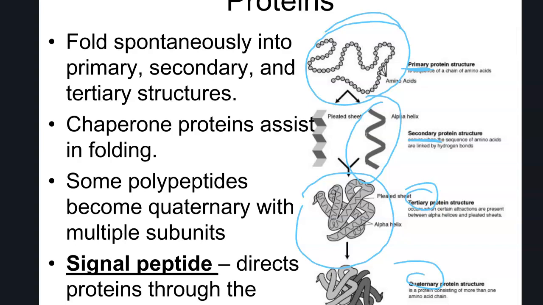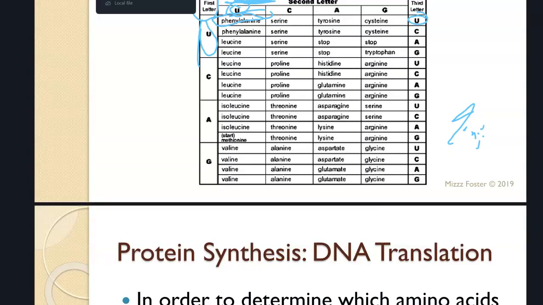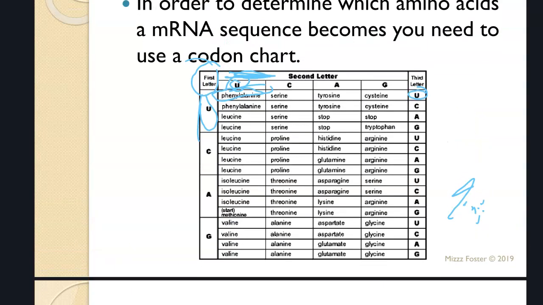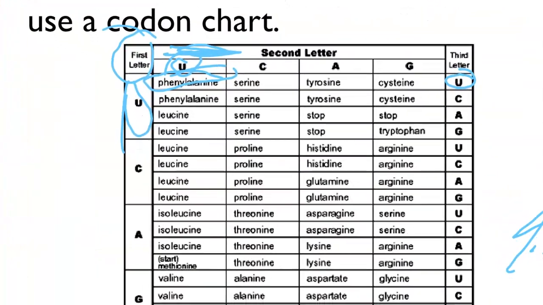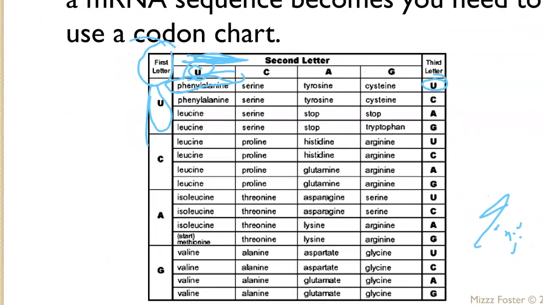Okay. Now, what we're reading off of, we have this table. We're going to have this table on the test so you can see what is going on there. Okay.